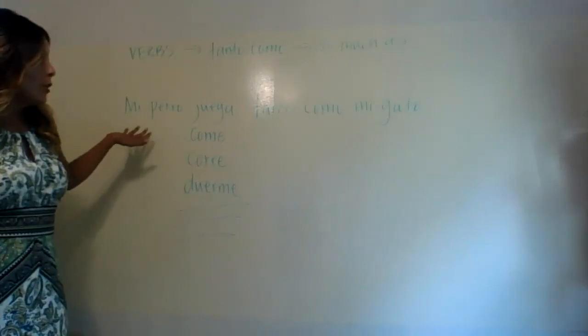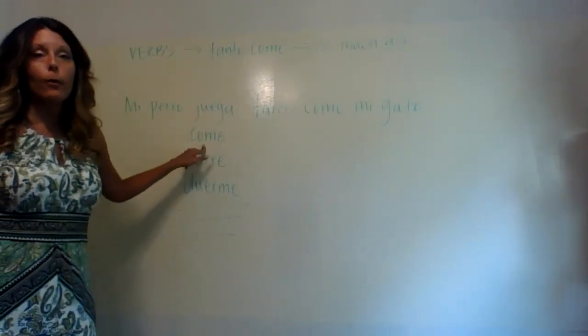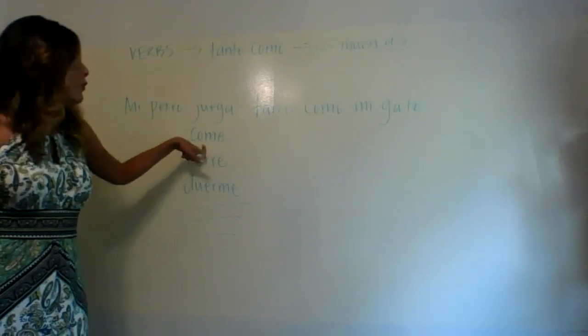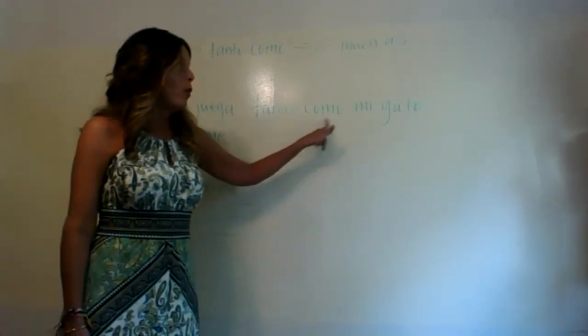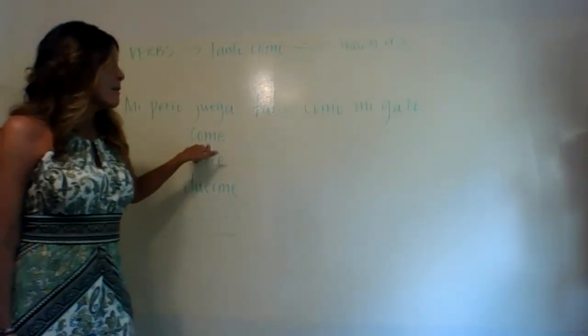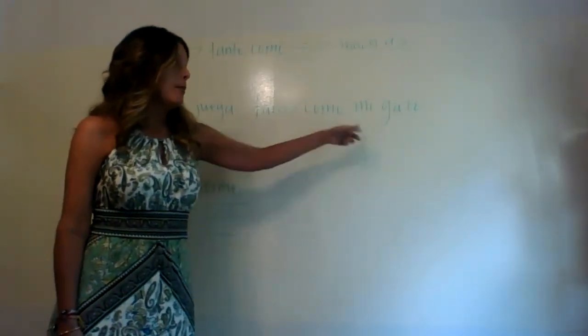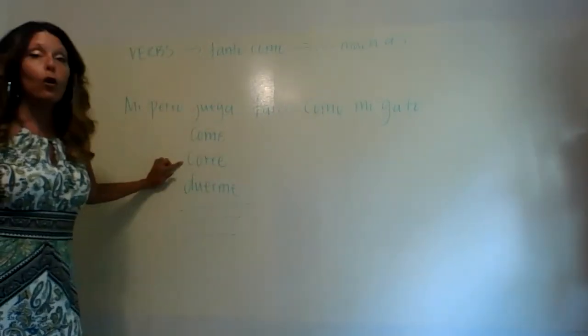Then we could switch out the verb juega for the verb come, obviously from the verb comer, to eat. So we could say, mi perro come tanto como mi gato, and that will mean my dog eats as much as my cat.